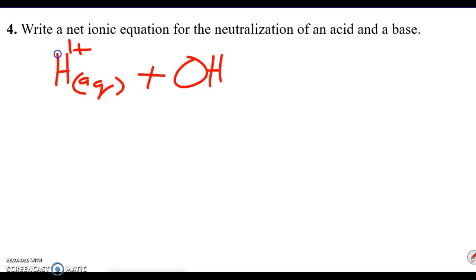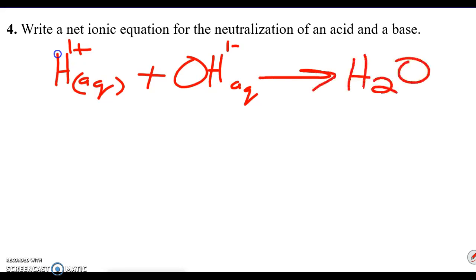Write the net ionic equation for the neutralization of an acid and a base. This is kind of our generic for an acid, aq. And this is kind of our generic symbolization for a base, aq. And when the two go together, they make water.